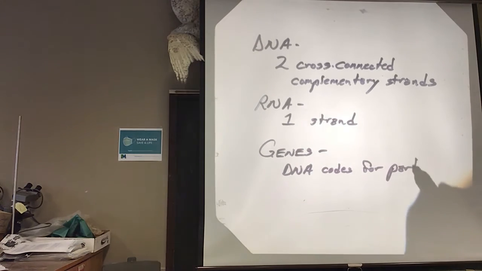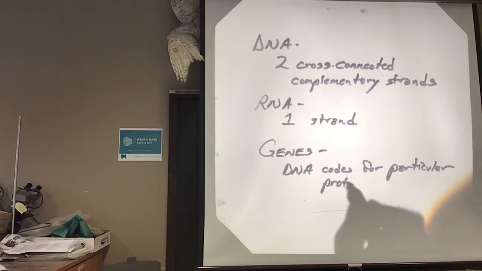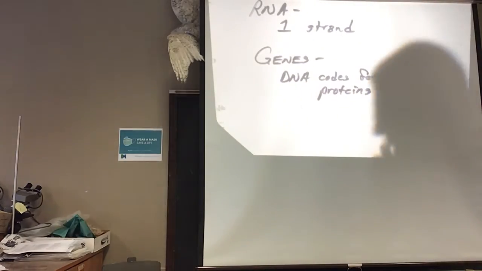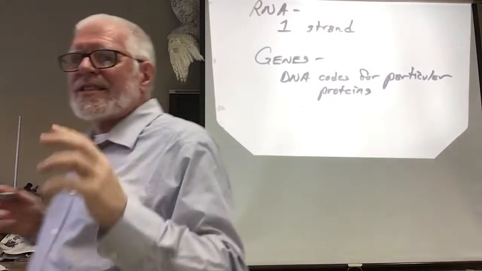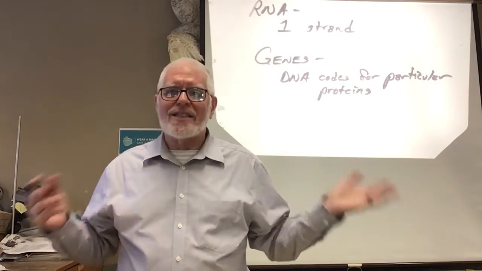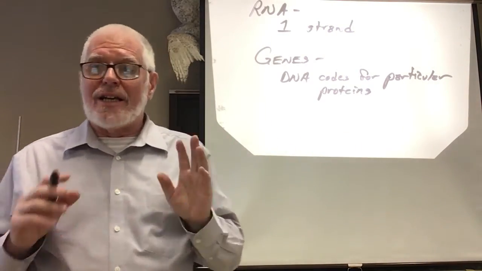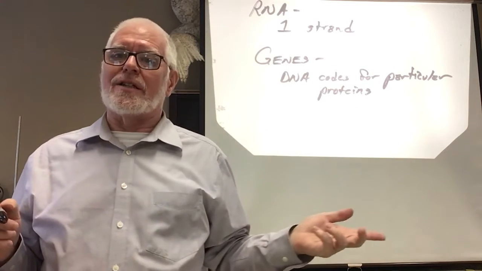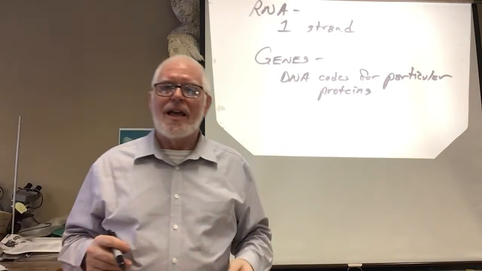Now we're going to follow up on a lot of this later. And you've covered some of this already. A gene is a code, not for a trait, not for passing on to offspring. A gene is a code for one particular type of protein. So there's a gene for insulin, there's a gene for glucagon.